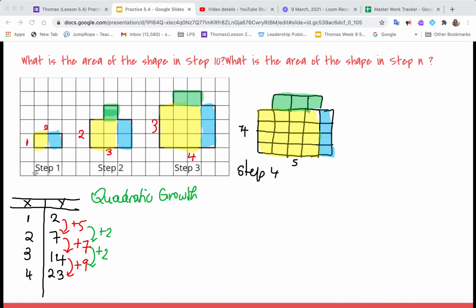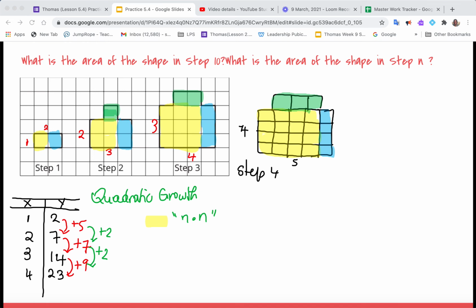So based on what's going on, if I try to put this into an expression, what I notice is that my yellow area is representative of the square of my step number. So that's n times n.